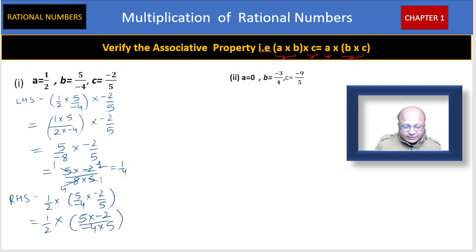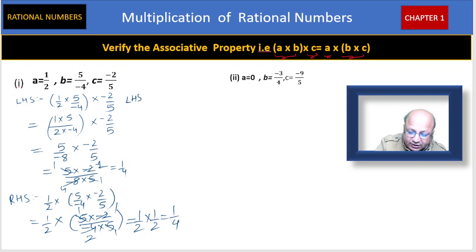The common factor between 5 and 5 is 5. So reduce it to 1. So the common factor between minus 2 and minus 4 is minus 2. Minus 2 divided by minus 2 is 1. And minus 4 divided by minus 2 is 2. So 1 upon 2 multiply by 1 upon 2 is equal to 1 upon 4. So left hand side is equal to right hand side.